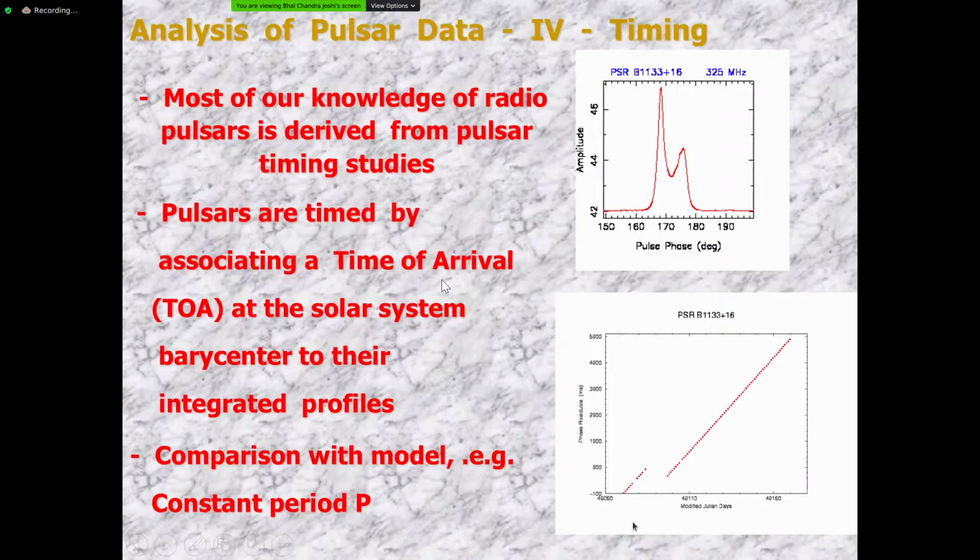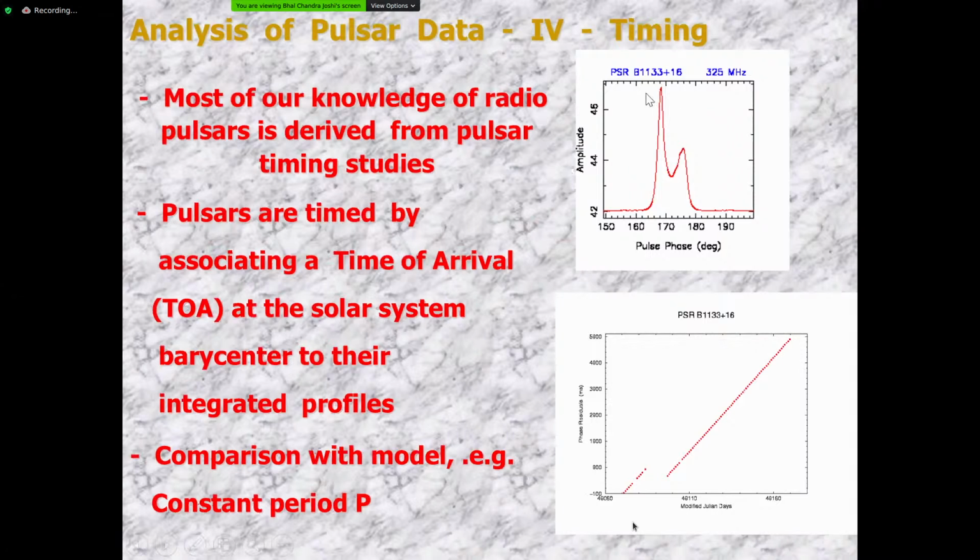Once you have found a new pulsar, you try to derive its parameters. The majority of the information about the pulsar comes from timing its pulses, where you associate a time of arrival at the solar system barycenter to their integrated profile.